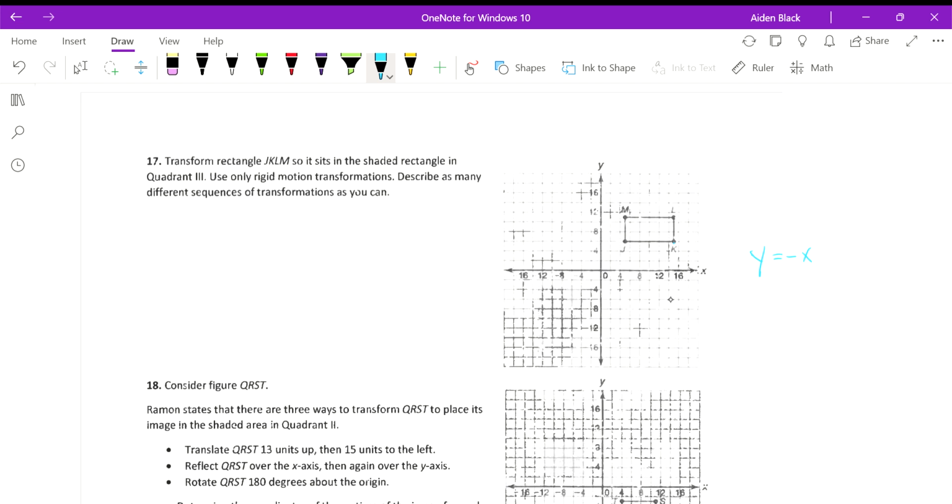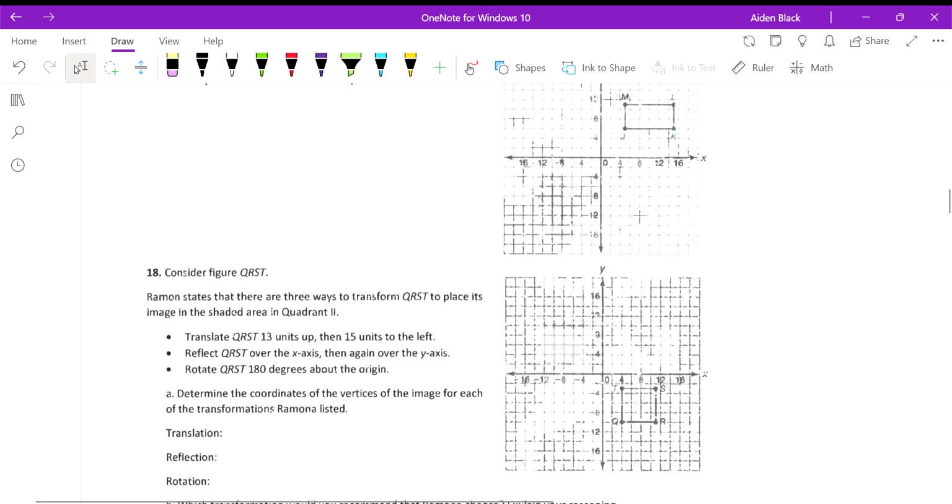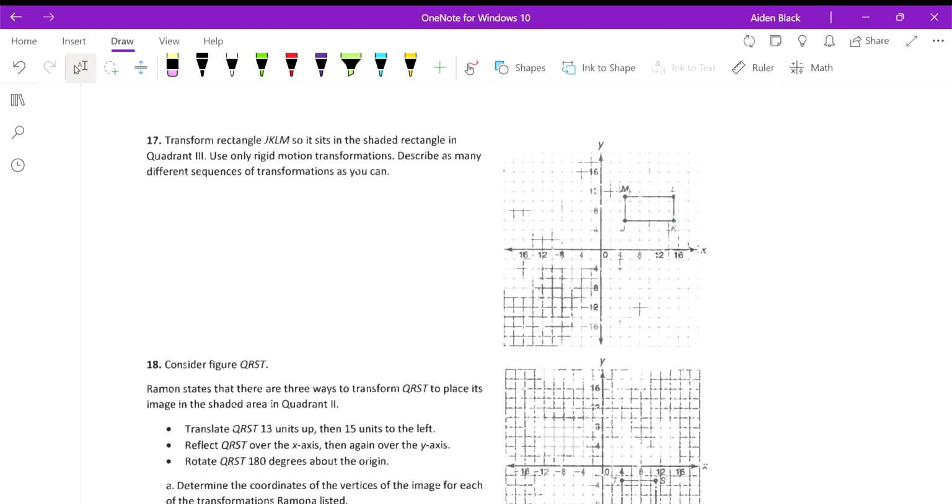Another thing you could do is, let's say, a reflection over the x-axis, which would put you down here. Like this, and then rotate it 90 degrees clockwise, and then maybe translate it. So there's really infinite ways you can do this problem. Pick a specific way that you would do it.